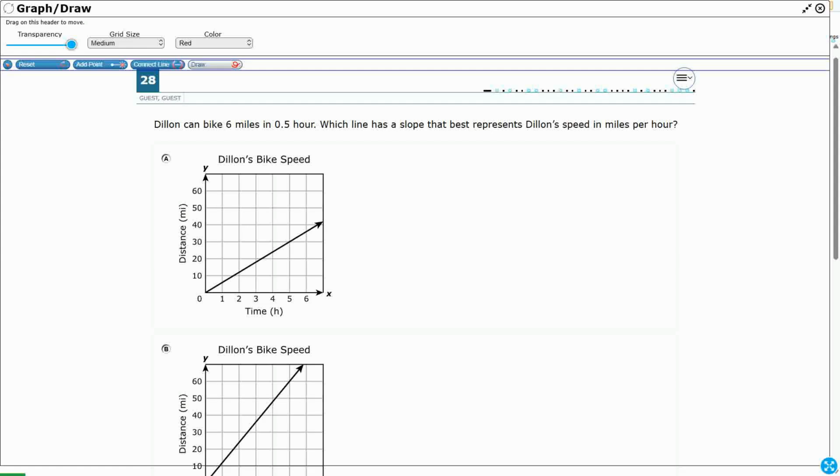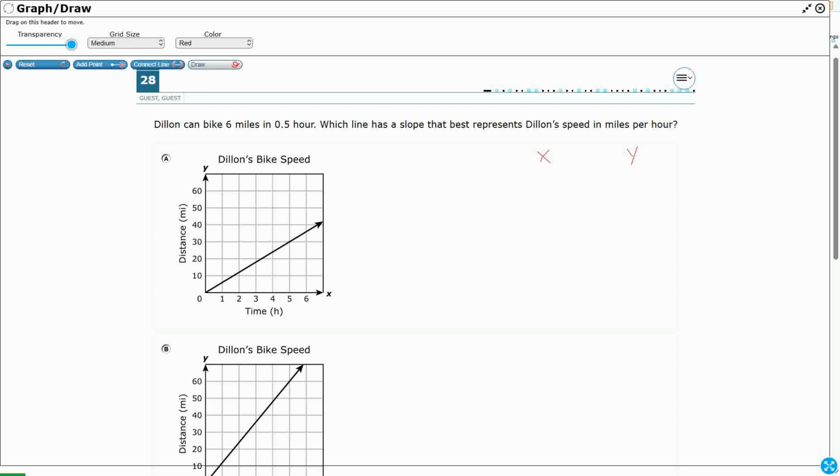So I think it's probably going to be easiest if we just create a table of values. And let's just plug in these x's. Now I'm going to start with this 6 miles an hour. So my time is my x. My distance is my y.